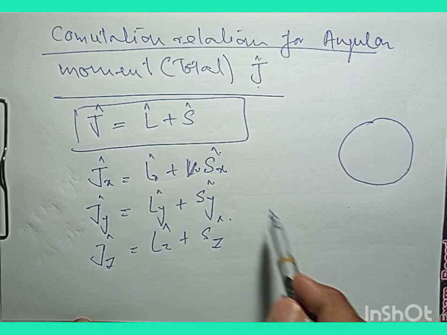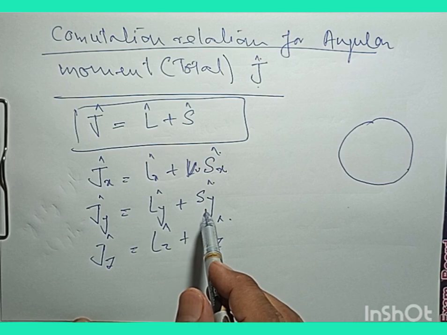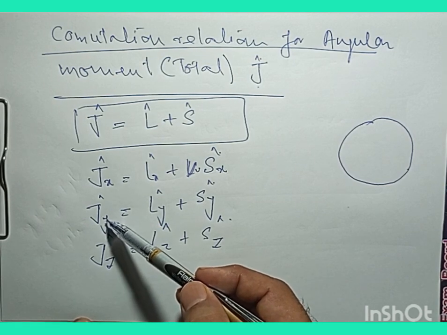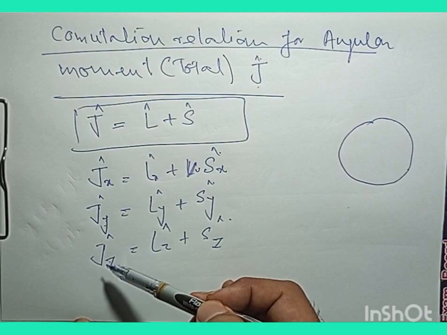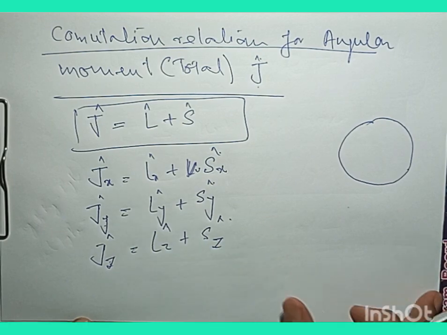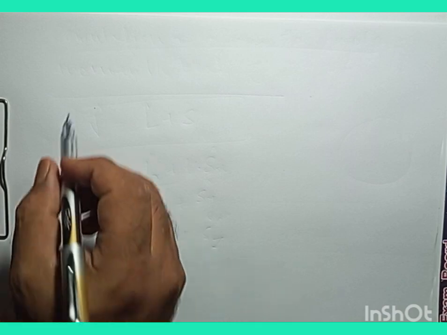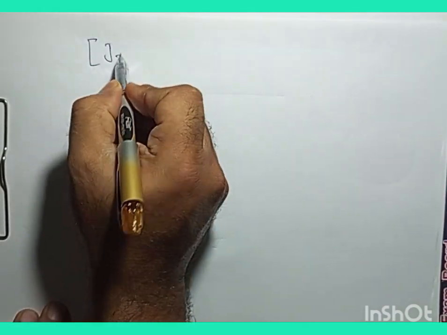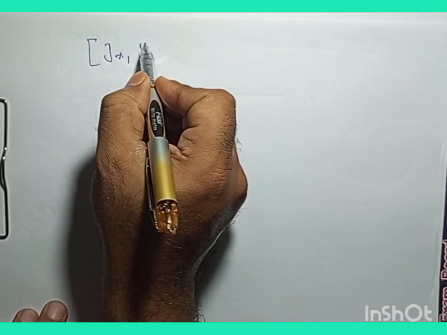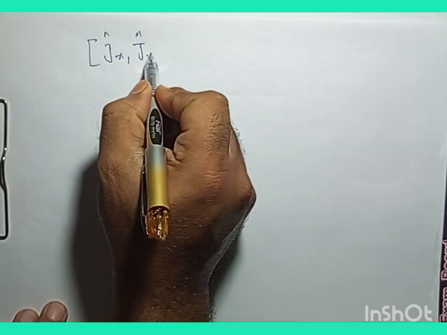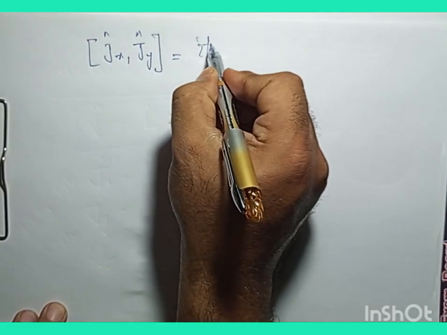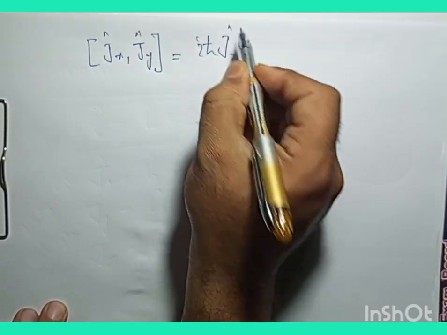And there exist commutation relations between Jx and Jy, Jy and Jz, and Jz and Jx. It's better that I write down those commutation relations and then look for their derivation. The commutator between Jx and Jy should come out to be iħ Jz cap.